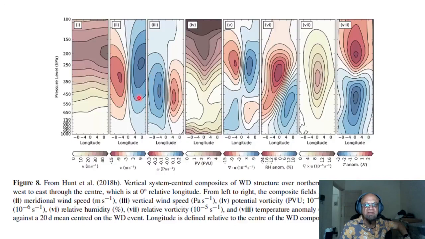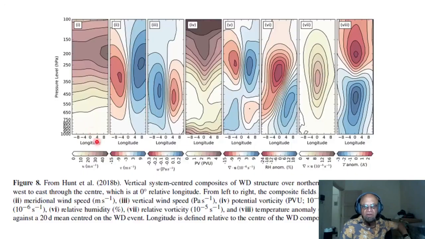So there is clearly vertical structure. This is again from Kieran Hunt et al. paper from 2018. Vertical system-centered composites of WD structure over northern India and Pakistan, taken from west to east through the center, which is at 0 degree relative to the longitude.